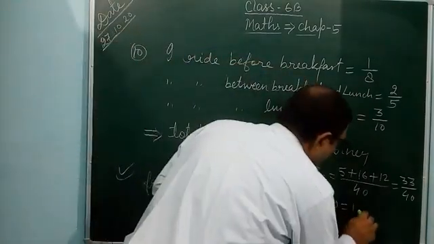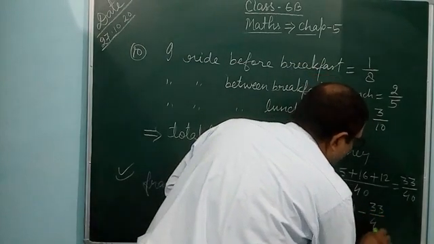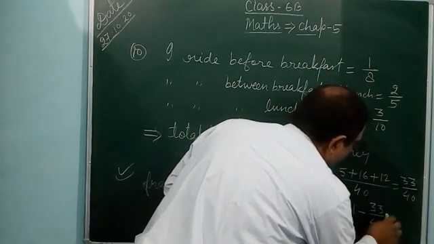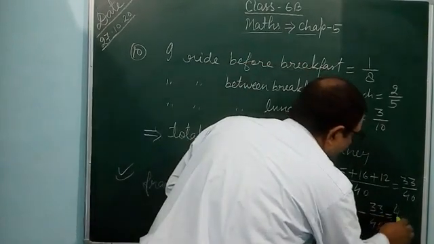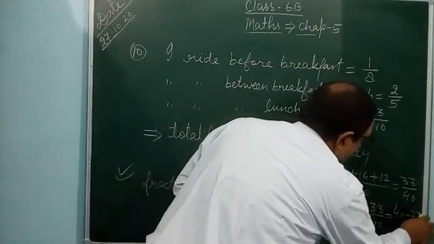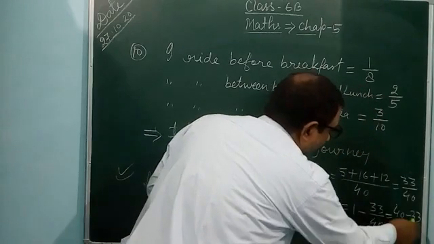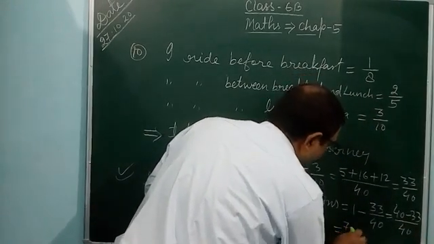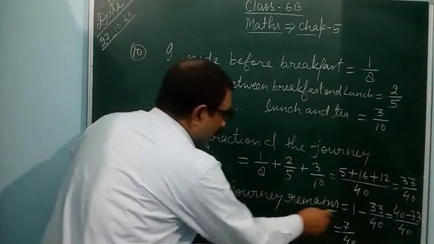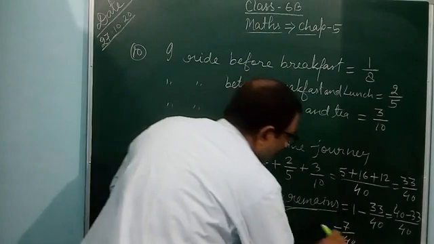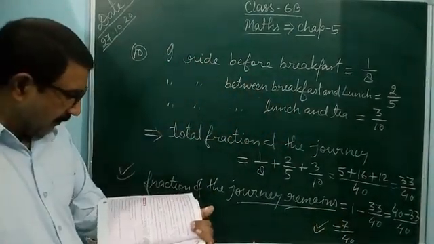From the whole 1 journey you can minus 33 by 40. So what will come? 40 minus 33, 40 minus 33 by 40. It means 7 by 40. So 7 by 40 of the journey remains.